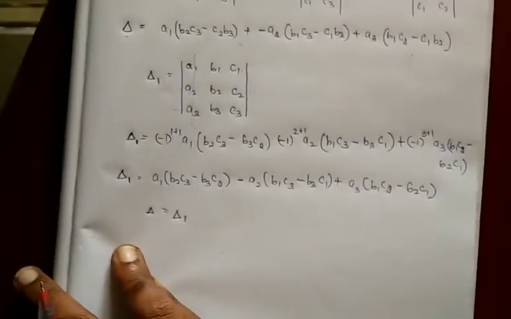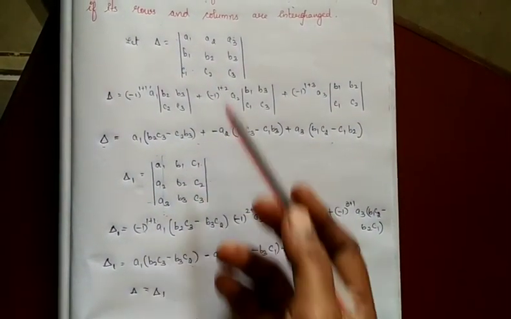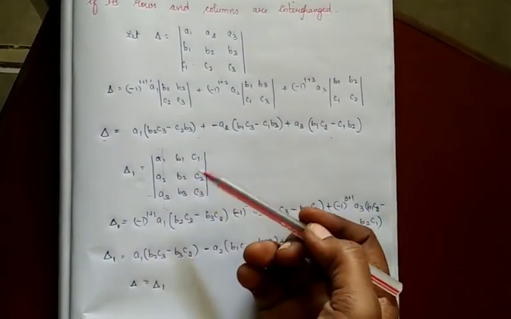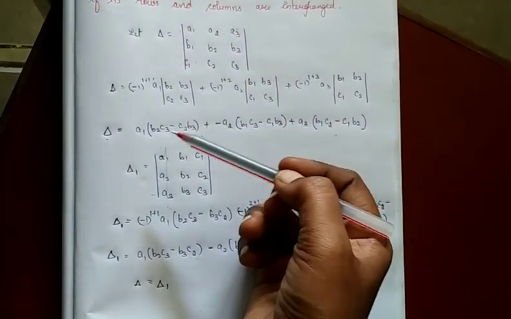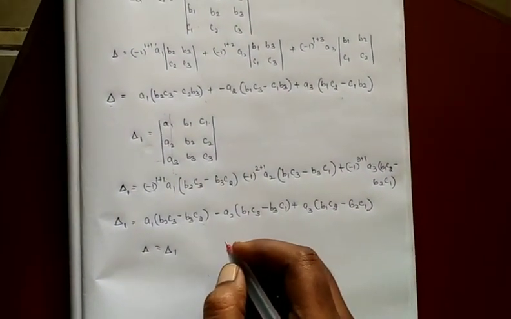Now what we have done here is interchange the entire row with the entire column. Changing the entire row and column is called the transpose.